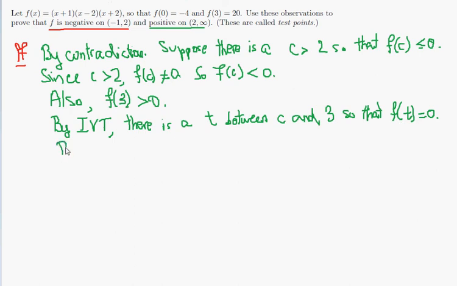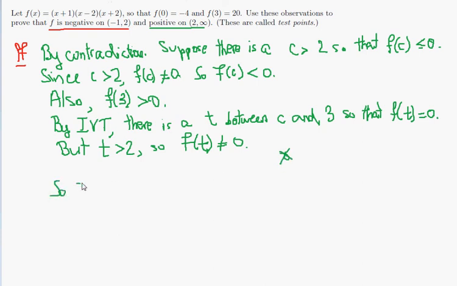But t is greater than 2. If c is bigger than 2 and 3 is bigger than 2, then anything between c and 3 must also be bigger than 2. So f of t cannot be equal to 0, providing the contradiction.